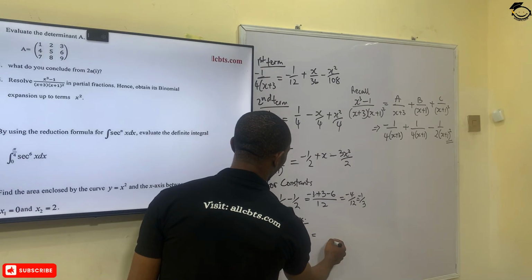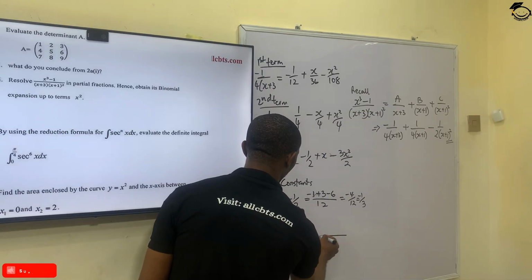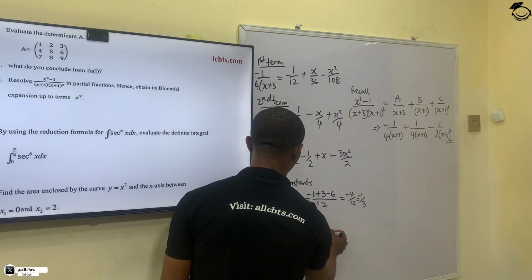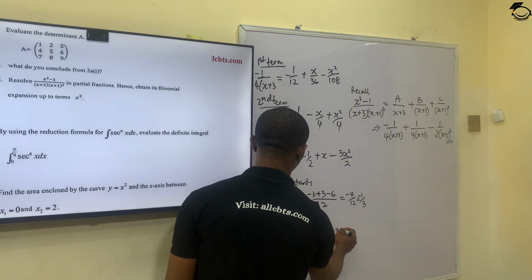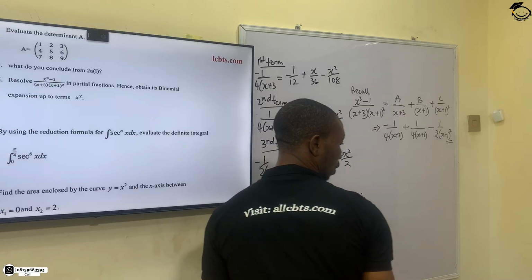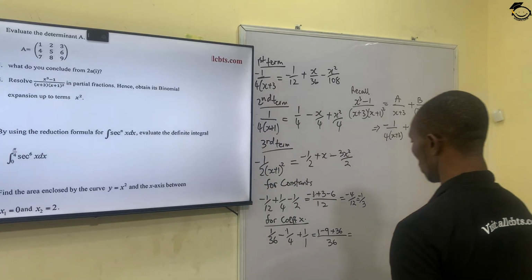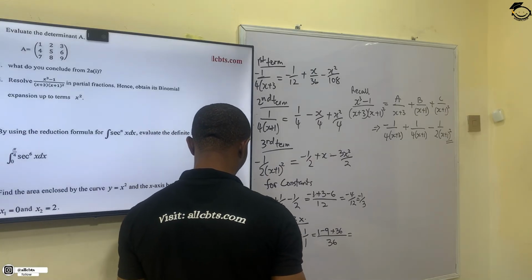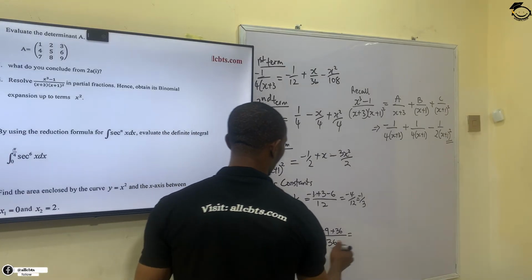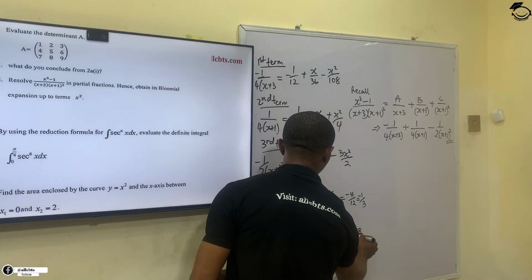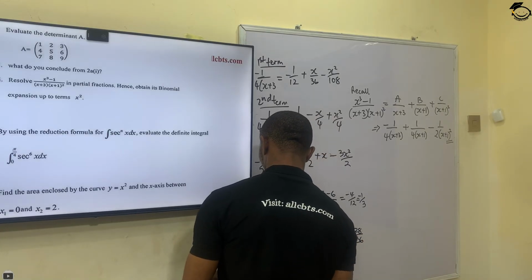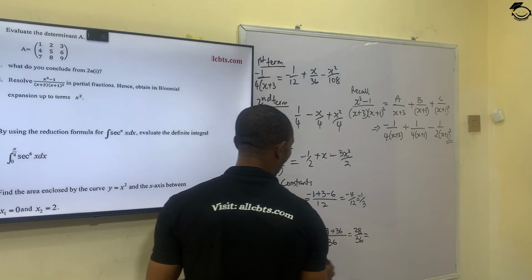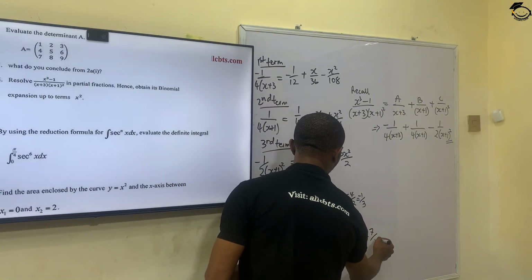Our LCM here will be 36, which leaves us with 1 minus 9 plus 36, which would give us 28 over 36. So if we break it down by 4, we'll have 7 over 9.